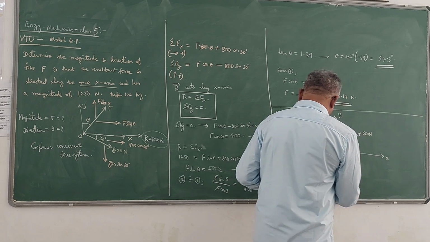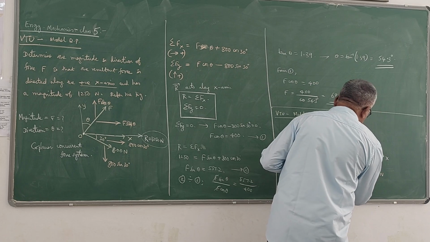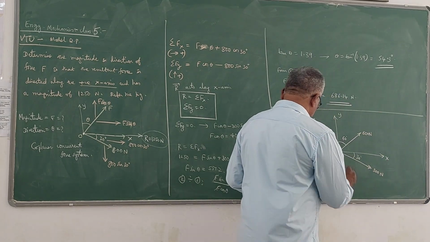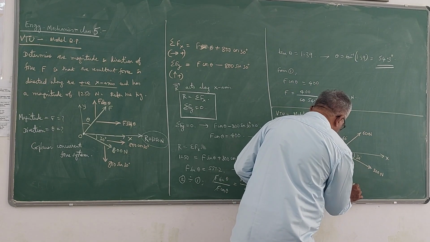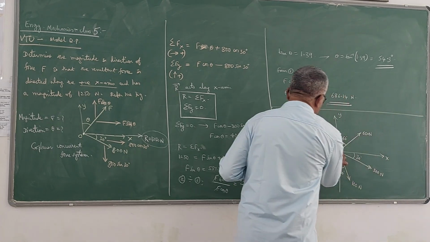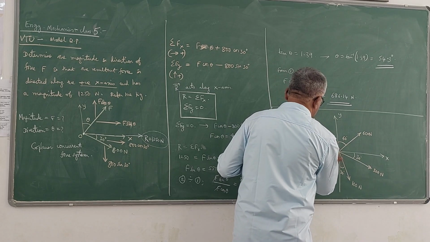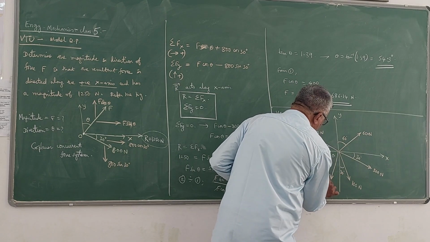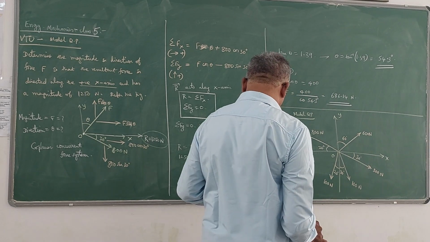There is a force of 300 Newton acting at an angle of 30 degrees with the x-axis in the fourth quadrant. Then in the fourth quadrant, one more force is given making an angle of 30 degrees, that is 100 Newton. Then in the second quadrant, he has given 800 Newton making an angle of 20 degrees. In the third quadrant, 100 Newton making an angle of 20 degrees with the vertical. So these are the forces he has given.